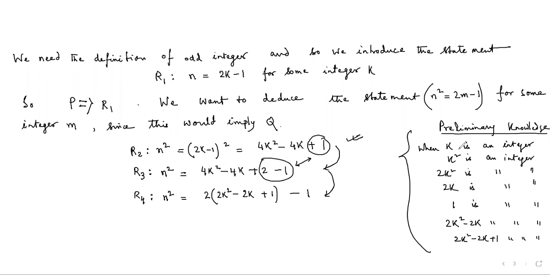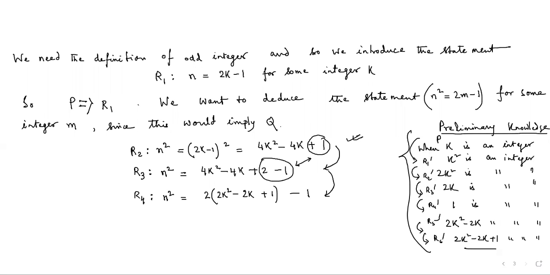Now, if someone says, show that if k is an integer, then this is also an integer, then you can say, okay, if it is capital P, then this will be R1 prime, then R2 prime, R3 prime, R4 prime, R5 prime, and R6 prime, each following from the previous one. But this is what I'm going to prove over here.